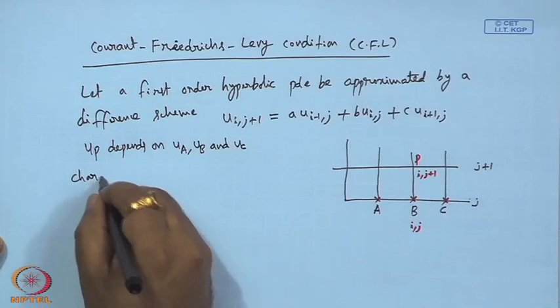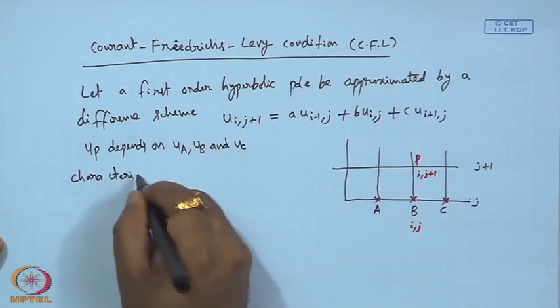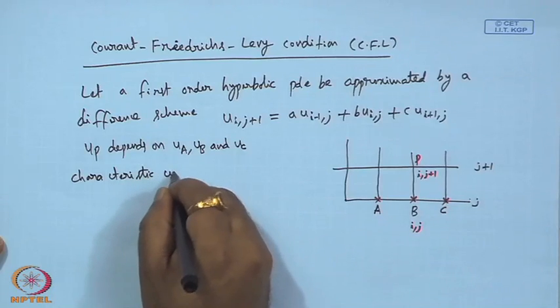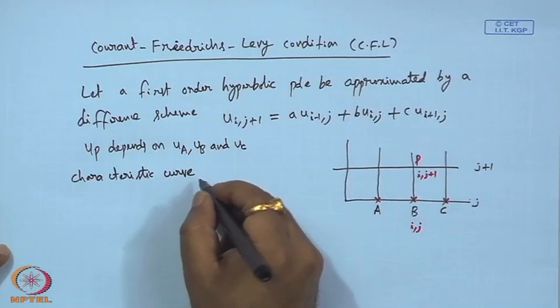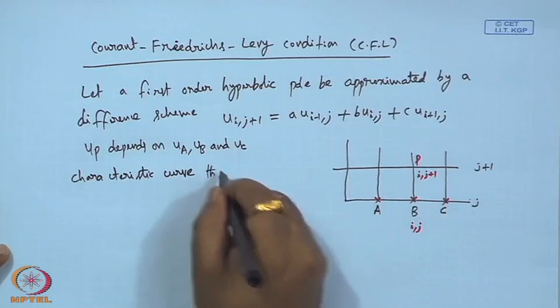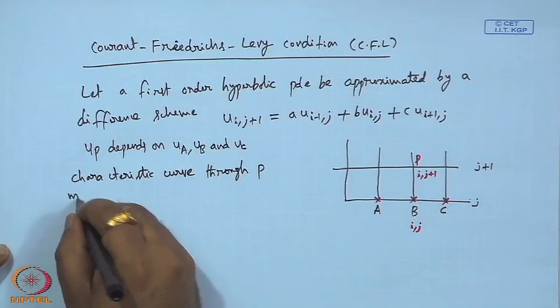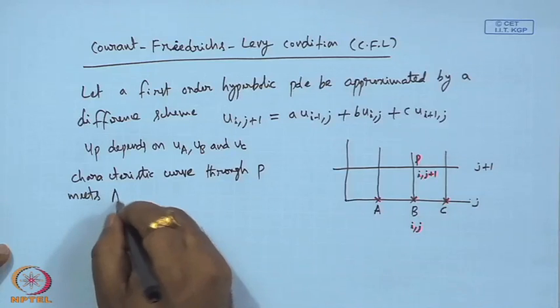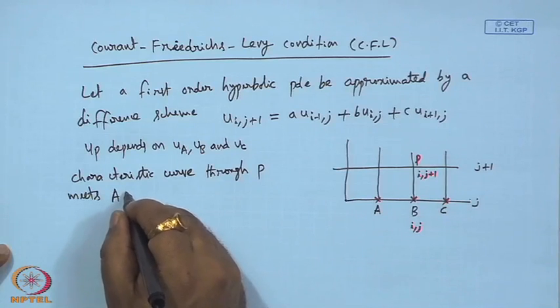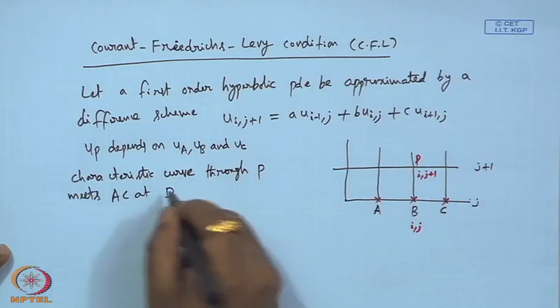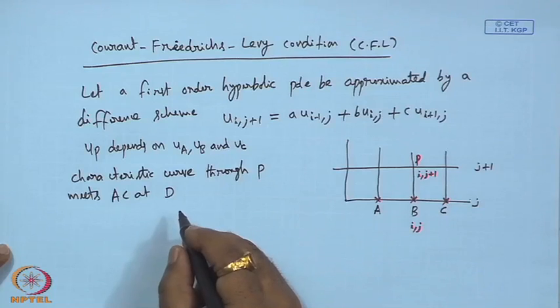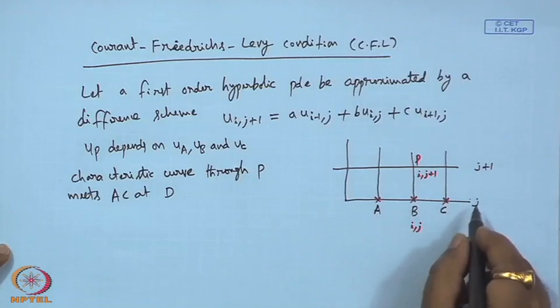Now, let us say the characteristic curve through P meets AC at D. This is the initial line.